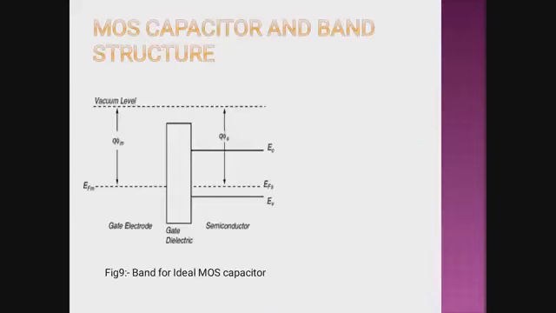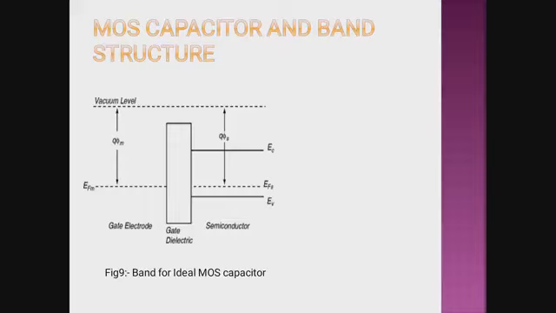Now in this slide I have discussed the MOS capacitor's band structure. This is the vacuum level which I have told in the PN junction. Phi m is the metal work function, and phi s is the semiconductor work function. EC is the conduction band of the semiconductor, and EV is the valence band of the semiconductor.